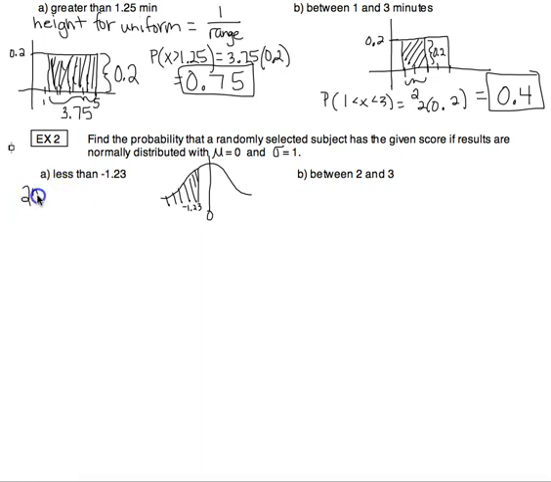We are going to go to second, and then we're going to hit vars, because again, we're going to distributions, and when you hit second vars, that's distribution. We are going to choose choice 2 in this case, which is normal CDF.